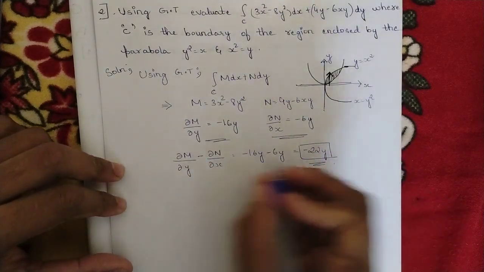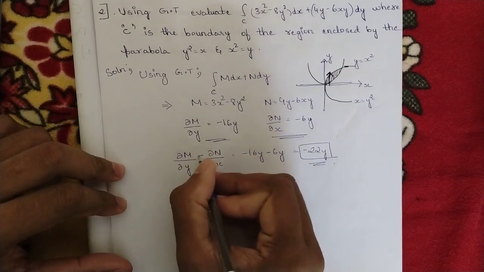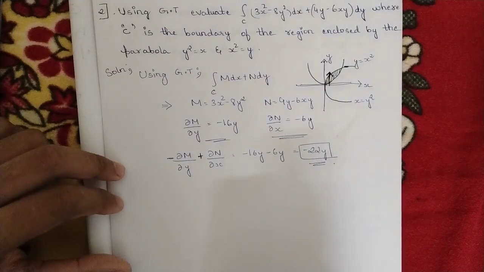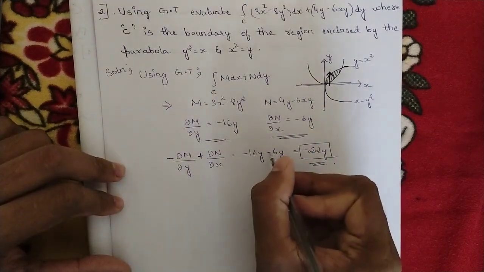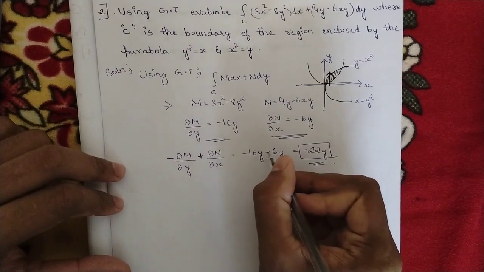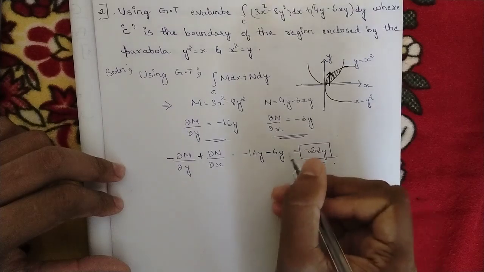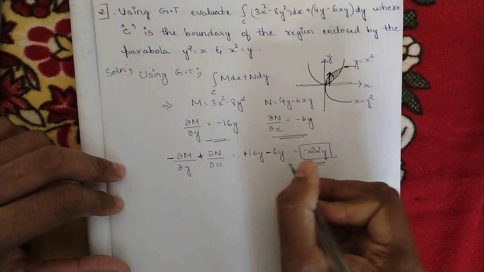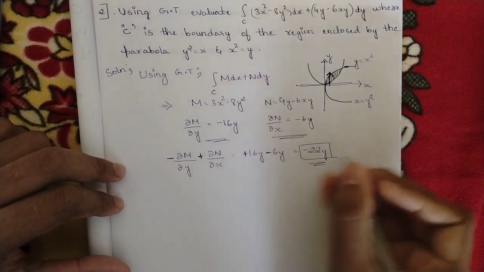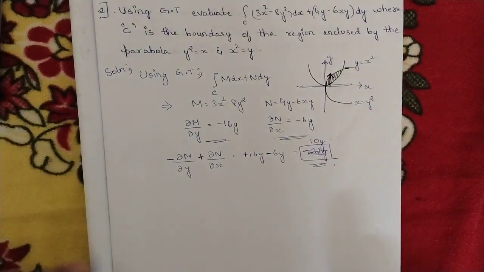We have made one mistake here: according to the formula it is dou n by dou x minus dou m by dou y. So it should be minus 6y minus of minus 16y, so this should be plus. So we would be getting 16 minus 6, that is 10y. Not minus 22y, sorry for that.